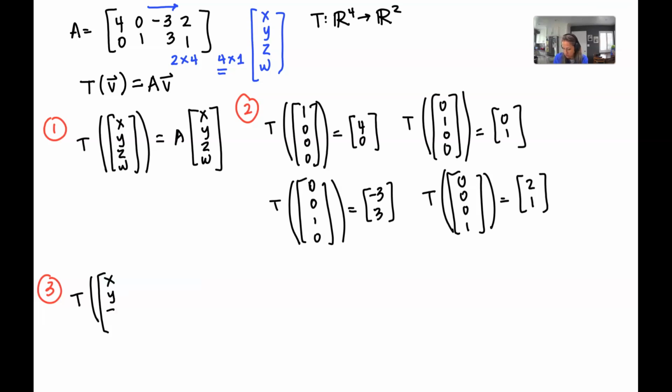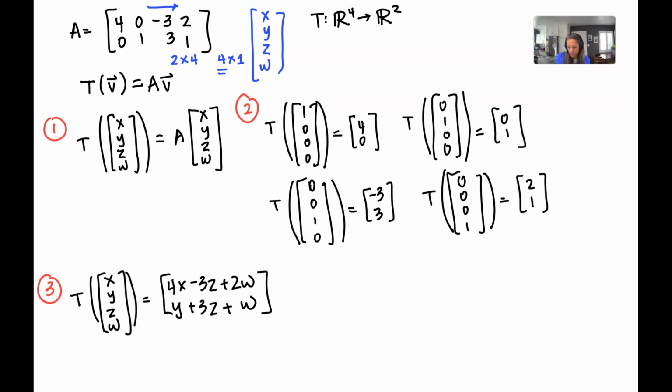I got distracted. I really wanted to just jump to the answer. This is, sorry, 4x minus 3z plus 2w, and y plus 3z plus w. All right, so those are the different ways that we can express this linear transformation.